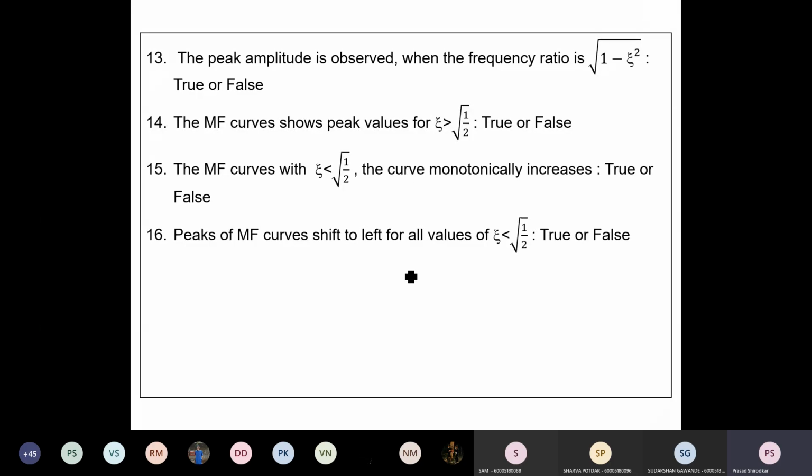You can answer the quiz, all the 16 questions. You have till 11:10, that is the end of the lecture, to complete this quiz.